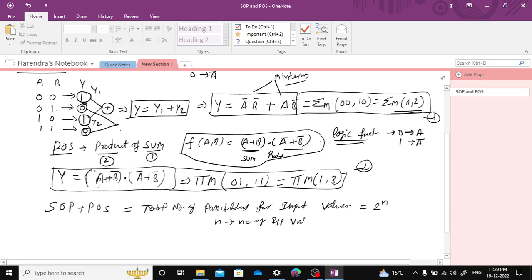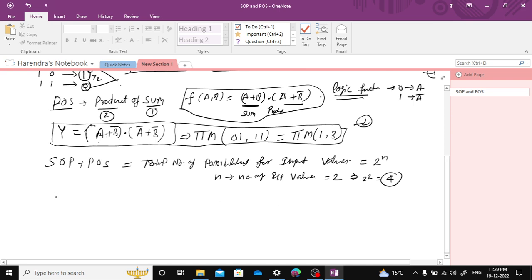So here n is 2, the inputs a and b. So the total number of possibilities is 2 to the power 2, which is 4. So you have to provide 4 types of input: 0 0, 0 1, 1 0 and 1 1. Okay, so when we combine SOP terms plus POS terms, that is equal to the total number of possibilities for input values, that is 2 to the power n. So SOP and POS are complements of each other.